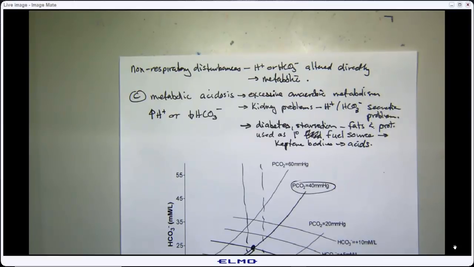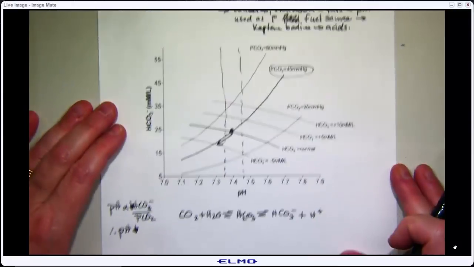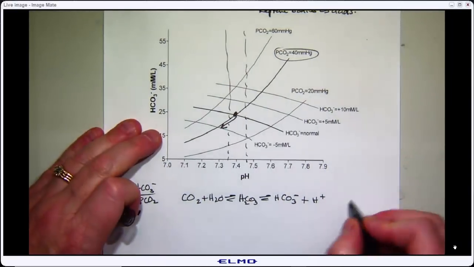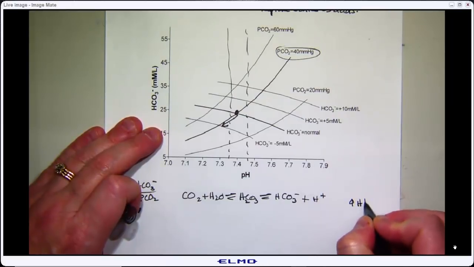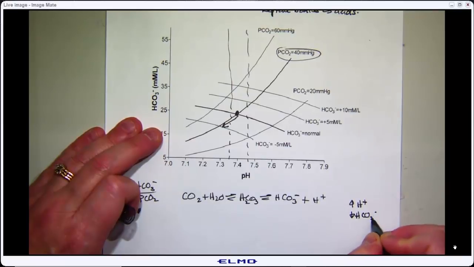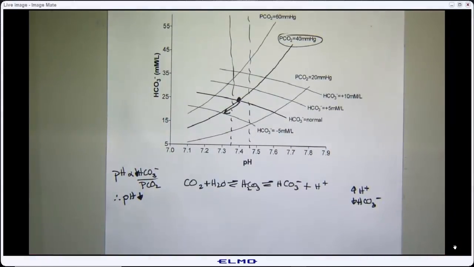With respiratory problems, we had to convert a CO2 problem into a hydrogen ion problem. Here, the problem is presenting itself. So we have an increase in hydrogen ion and a decrease in bicarb. They present themselves as the same thing. So at the end of the day, the problem is an increase in hydrogen ion or a decrease in bicarb. Then we would look towards compensations for that.